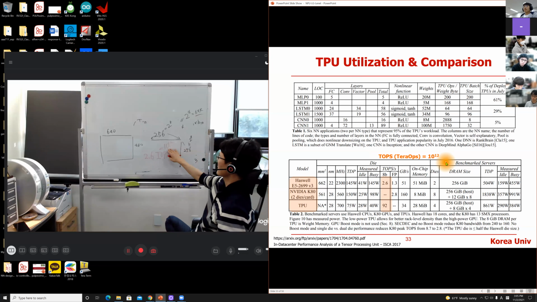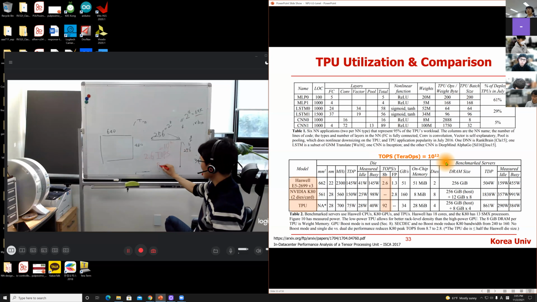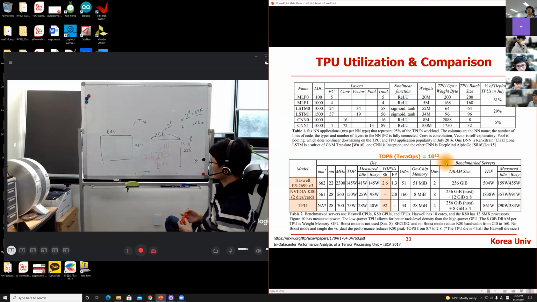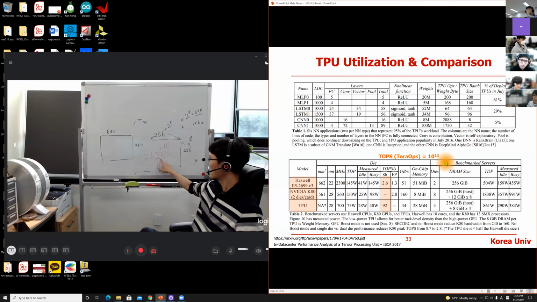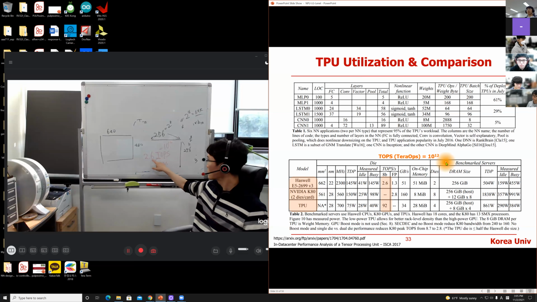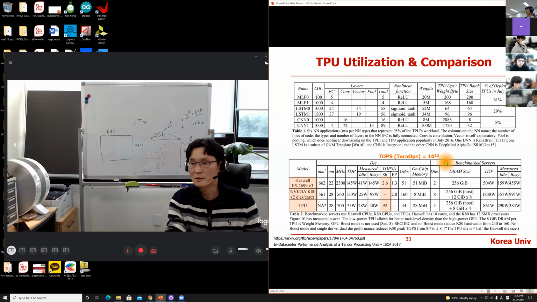How do you read that number in Korean? Billion means 10억, right? And tera is what? 1조, right? So 2.6조 operations per second.